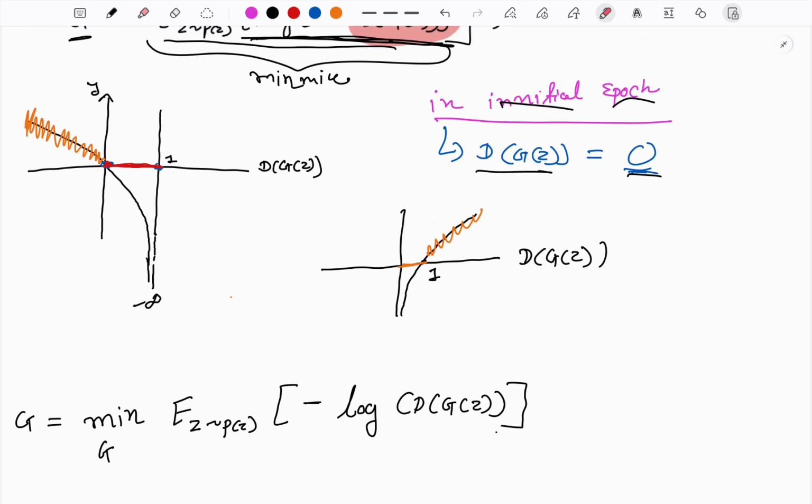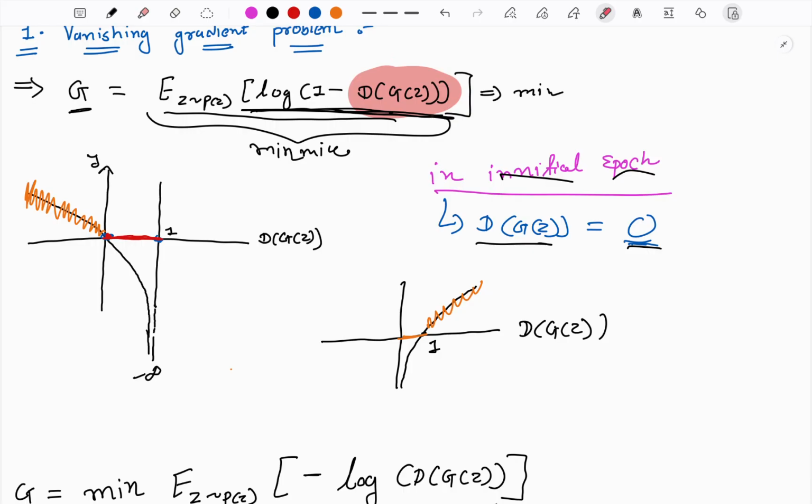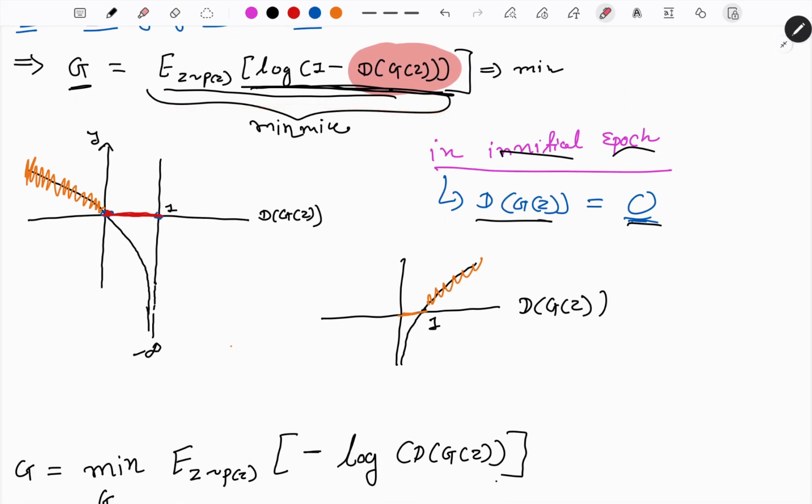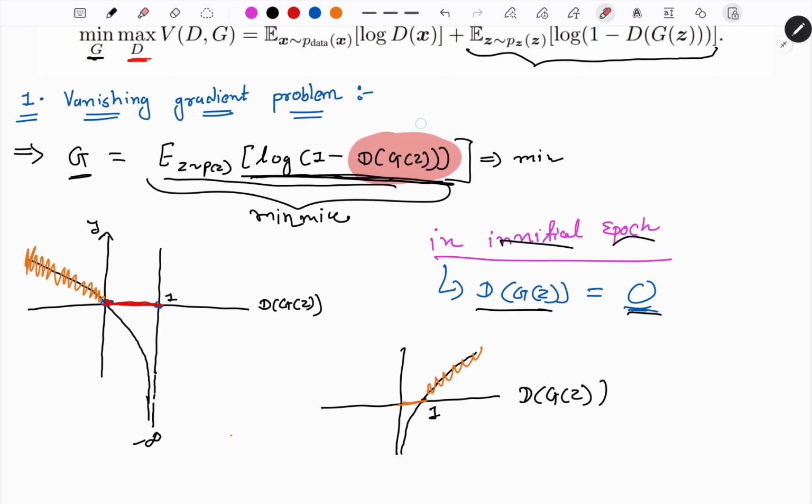So you understand how we are discussing. Let's summarize quickly. Initially this is our loss function, but what is the problem? The vanishing gradient problem. Why? Because initially D of G of z becomes 0. Why does it become 0? Because the generator is not trained well, and because of this, the output corresponding to generated data is always 0 from the discriminator. The discriminator will easily say it is 0.